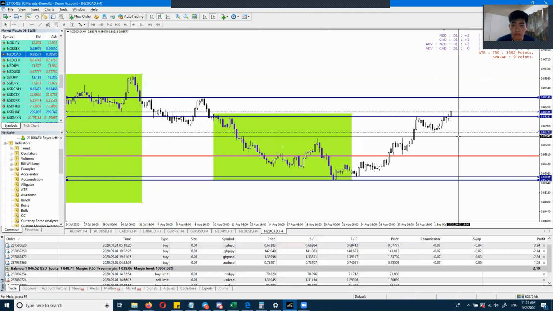So ang possible pullback area natin ito. And then ang TP natin is itong top, which is a 140. So at least we have a 70. So kahit lang, kahit 50 lang. So 0.87228.